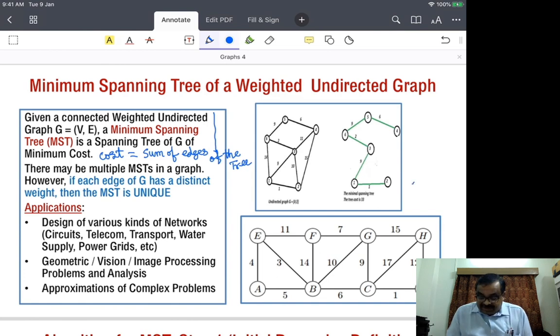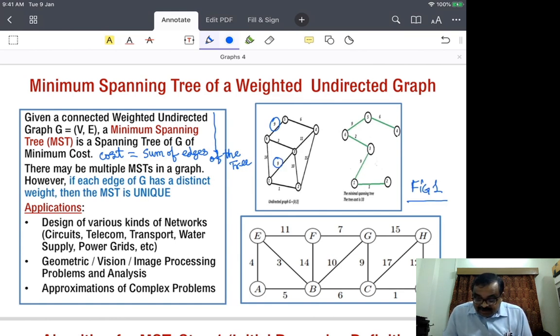Let us see the example of figure 1. In figure 1, we do not have unique edge costs because we have several costs which repeat. This cost is 9 and this cost is also 9.